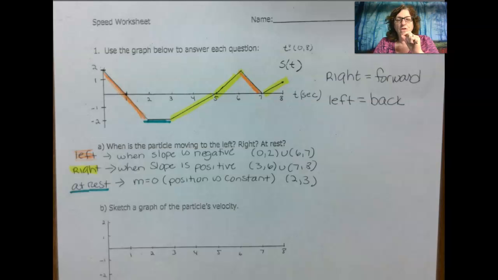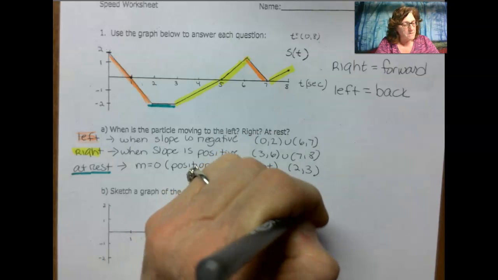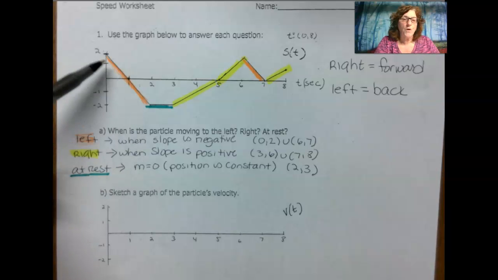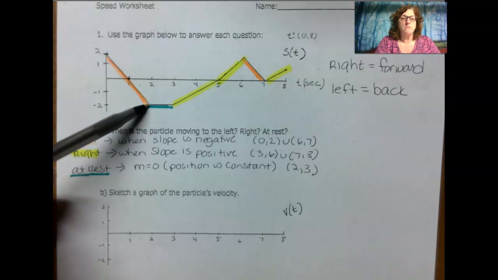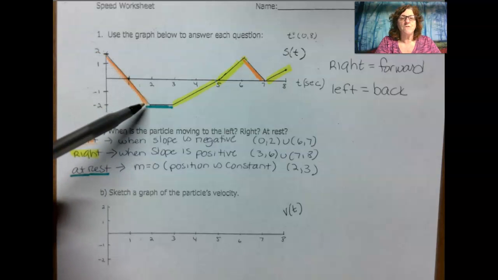Okay? The first thing you want to make sure is that you label your graph here. So this is my graph of v of t. And what I need to do is figure out what is the slope. Is the slope the same all the way from 0 to 2? And what is that slope? I hope you all figured out that this slope is -2.